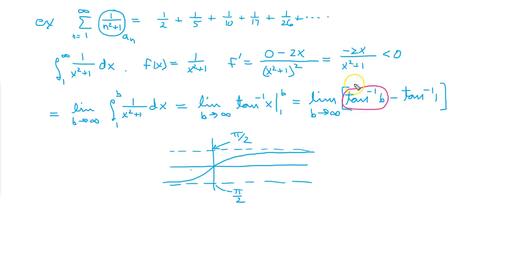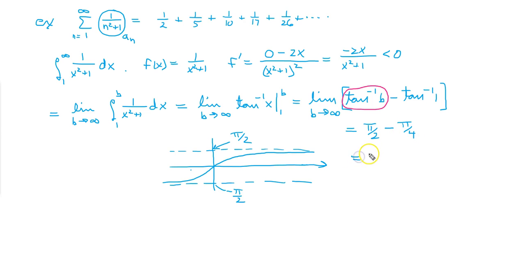And so this quantity that we have circled here is going to be pi over 2. You see, as we move towards infinity, the graph of the arctangent is approaching this limiting value of pi over 2. And so this quantity is going to be pi over 2 minus the arctangent of 1. Oh, that's a finite number. It's actually pi over 4.